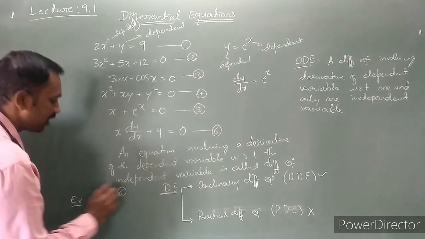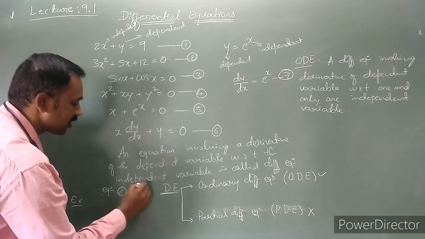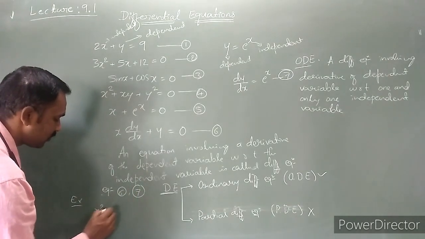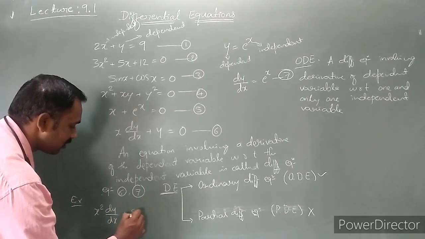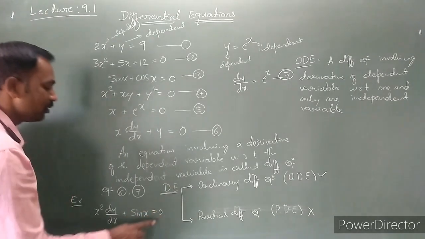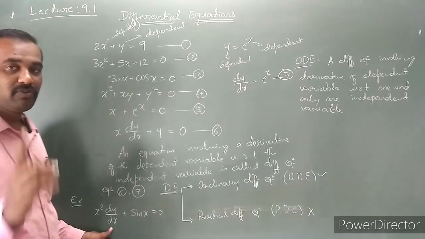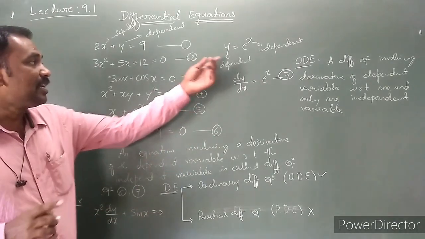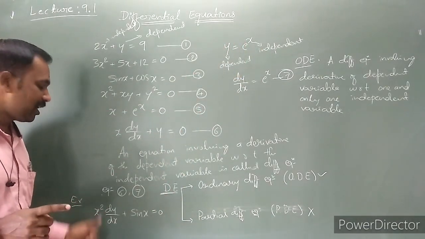And equation number 7, similarly we can write: x square into dy by dx plus sin of x is equal to 0. This is also a differential equation involving only one independent variable x.